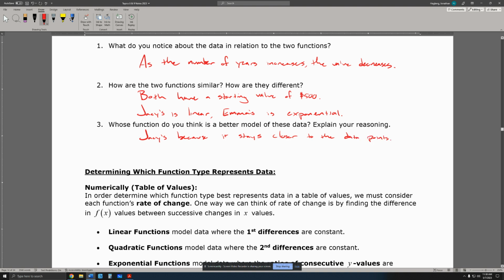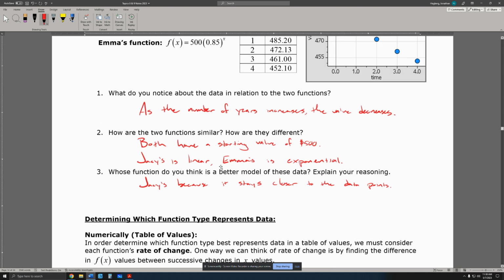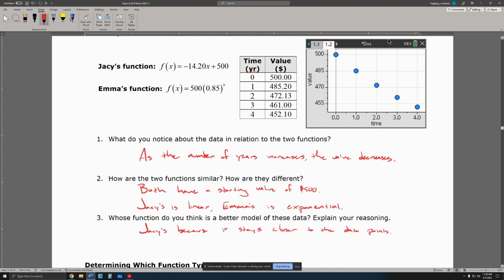Neither of these representations are necessarily worse, or really bad. However, JC's is just a little bit better because it closely follows the data. If we were to extrapolate data from these functions, or find data that's not included in the original data set, then JC's function would give us a more accurate extrapolation of that data.